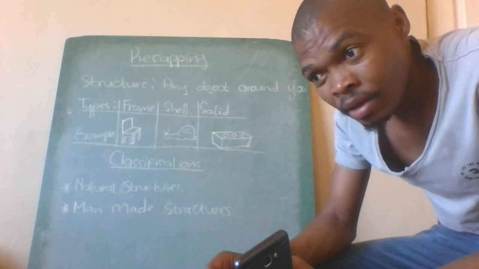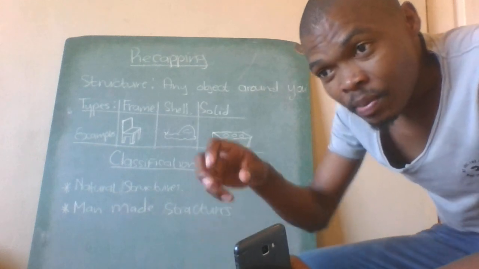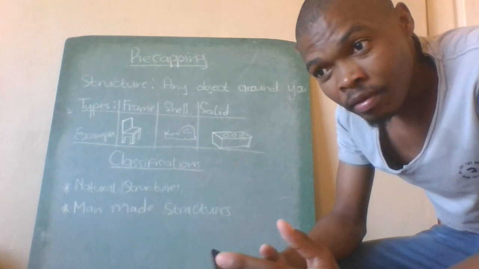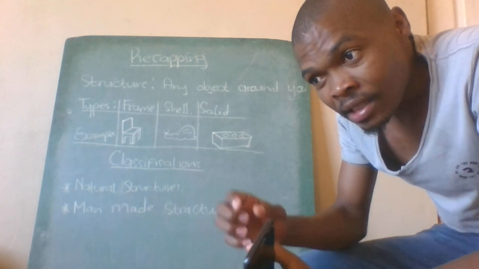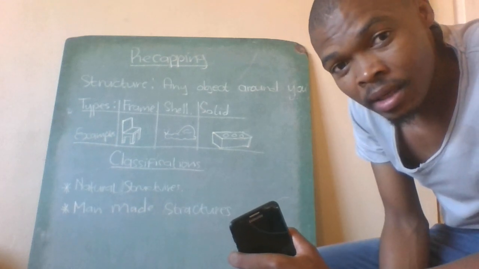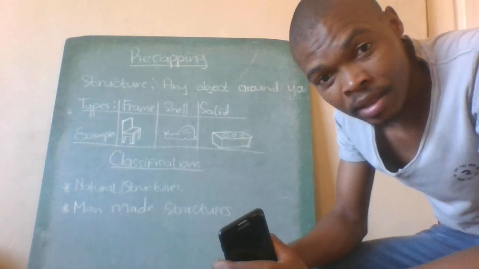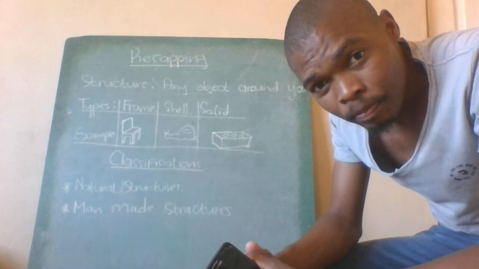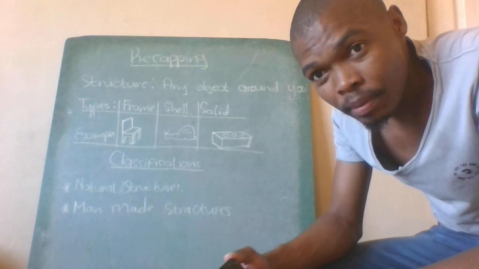If there is village A on your right hand side, there is village B on your left hand side, and there must be a structure that spans the gap in between the villages in order for people from village A to be able to move from that village to village B. That structure does not necessarily close the gap, but it spans it to allow, if there is a water that must pass underneath, that water is able to do so, whilst people and cars are passing on top of the structure. Such a structure must be strong so as to support the load and to continue to span the gap.